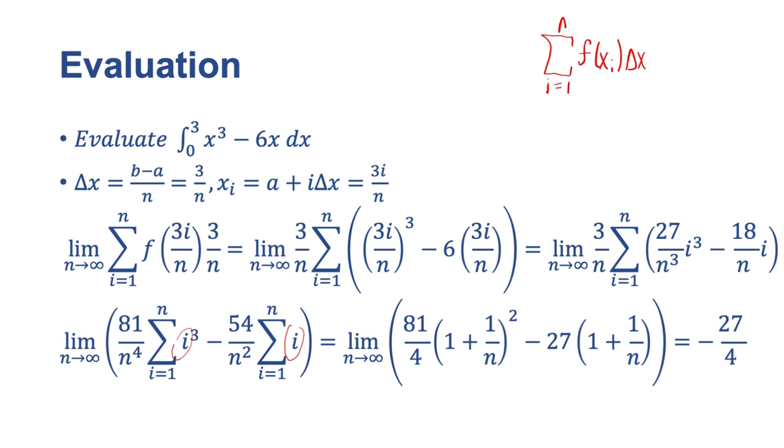So that's going to give us the limit as n approaches infinity of 81 over 4 times 1 plus 1 over n squared minus 27 times 1 plus 1 over n. And of course, these 1 over n's go to 0, and we are going to be left with negative 27 over 4 if we evaluate this, which is fairly easy.